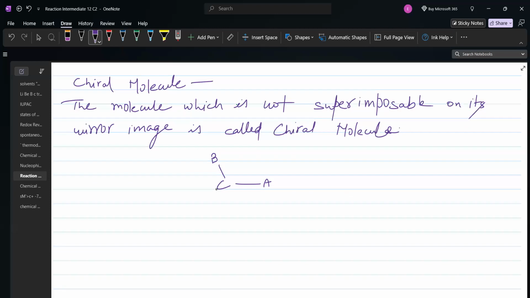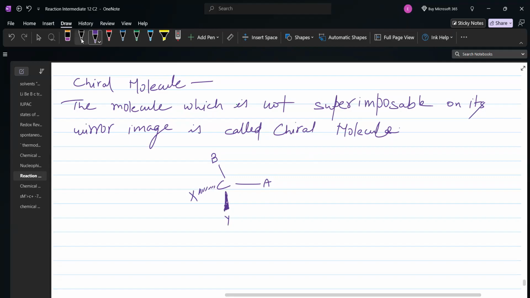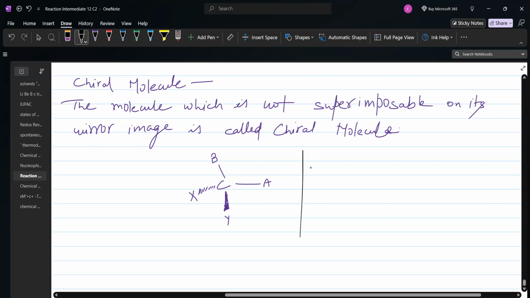Let's take X and Y. So we have X here and we take Y here. And we are using the mirror image of it. So obviously this molecule is chiral, right?